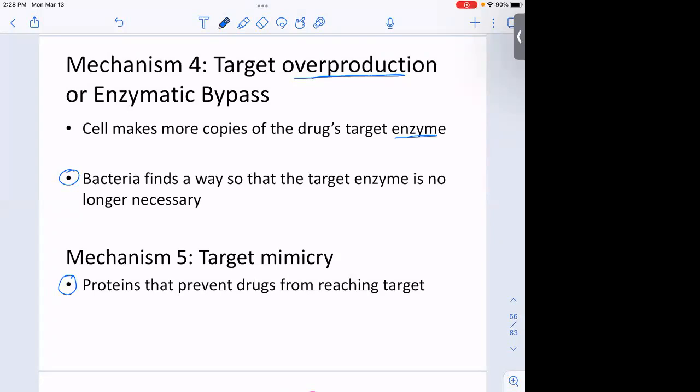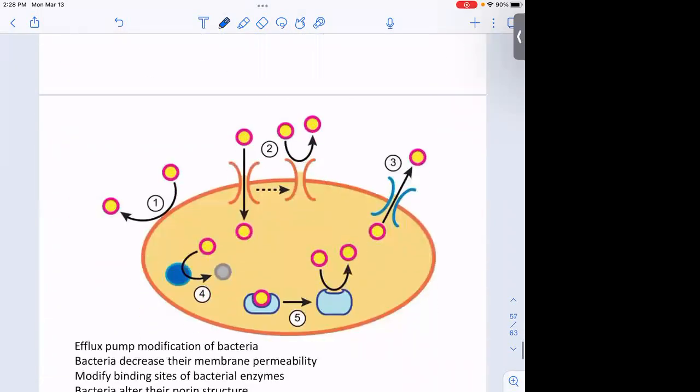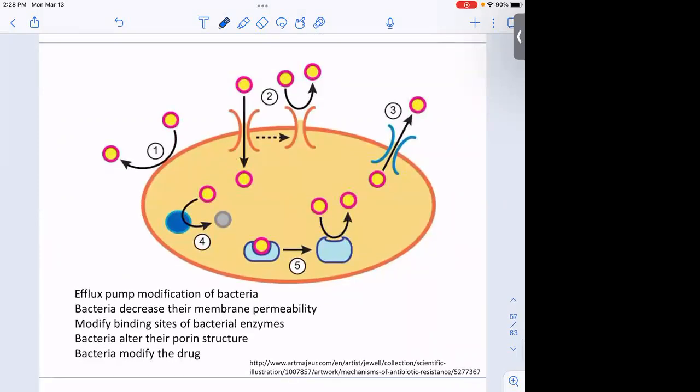All right, so this is a little exercise. I'm not going to take the time to go through it right now, but basically I've listed some different mechanisms, not in the right order, 1, 2, 3, 4, 5.